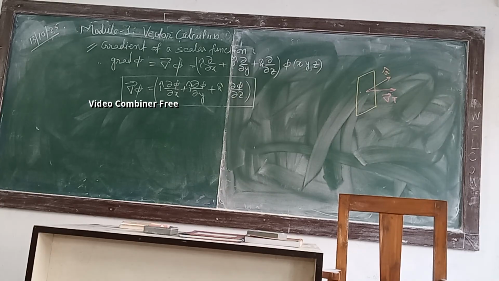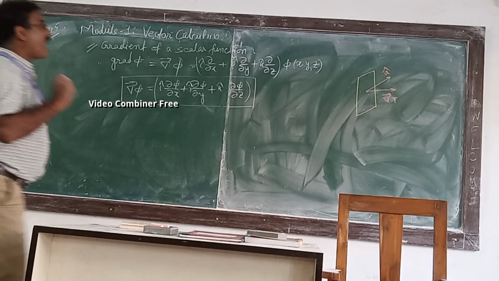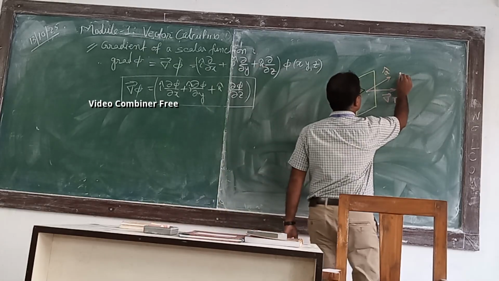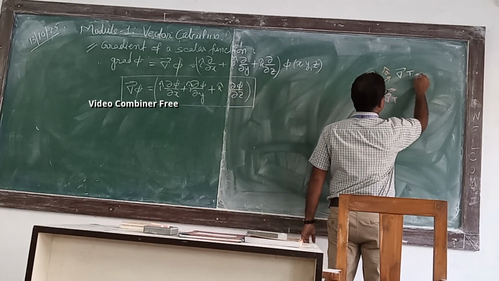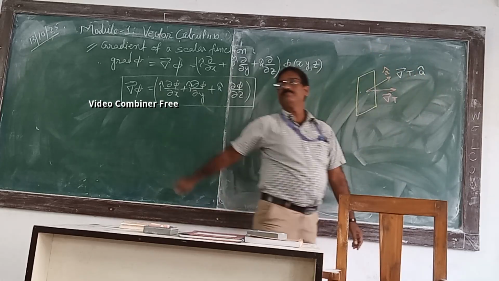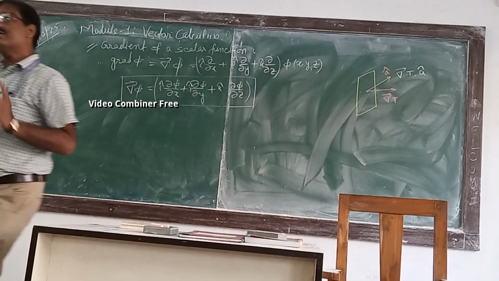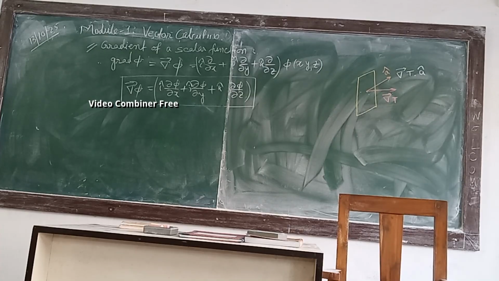Then we have to take the dot product of grad T and A cap, the unit vector of A. That is the change of temperature along the direction of A. So this is gradient of T dot A cap.